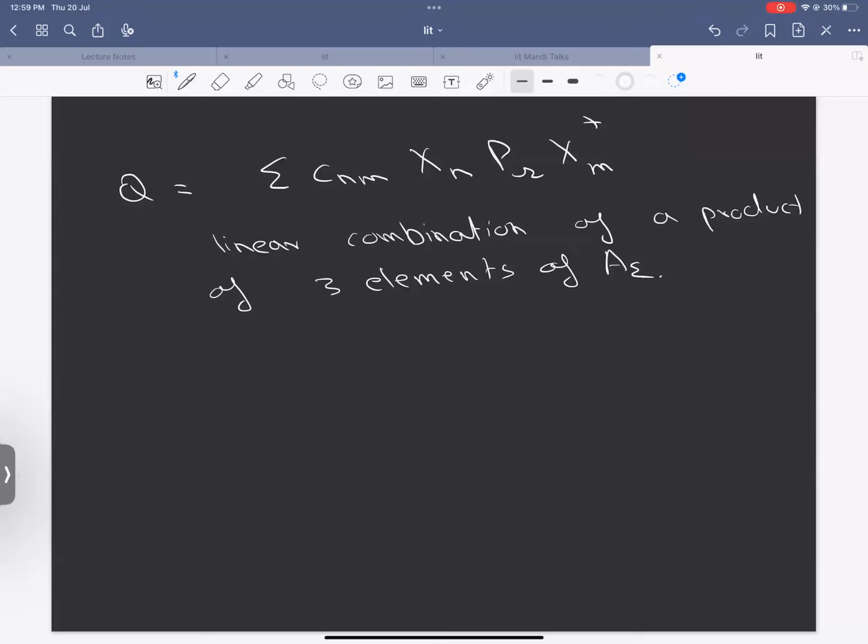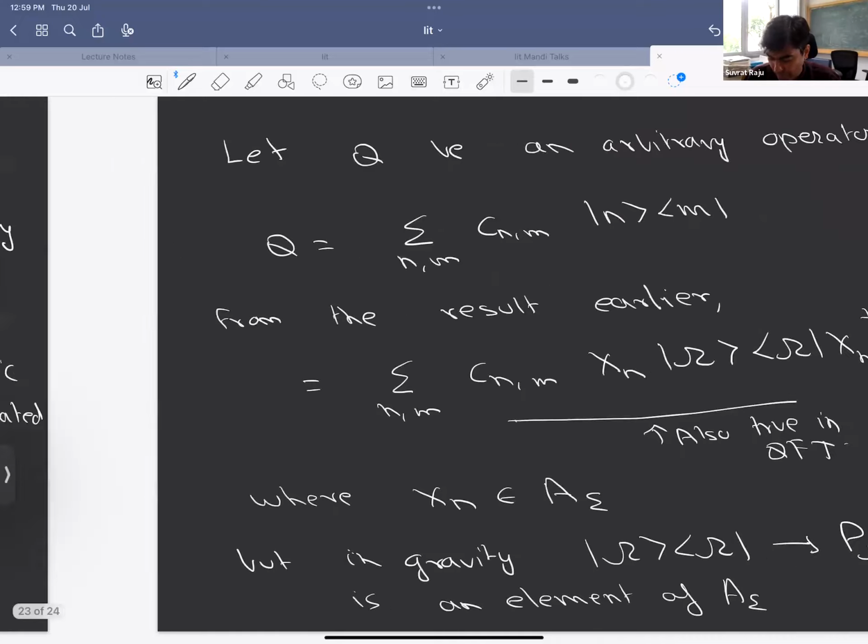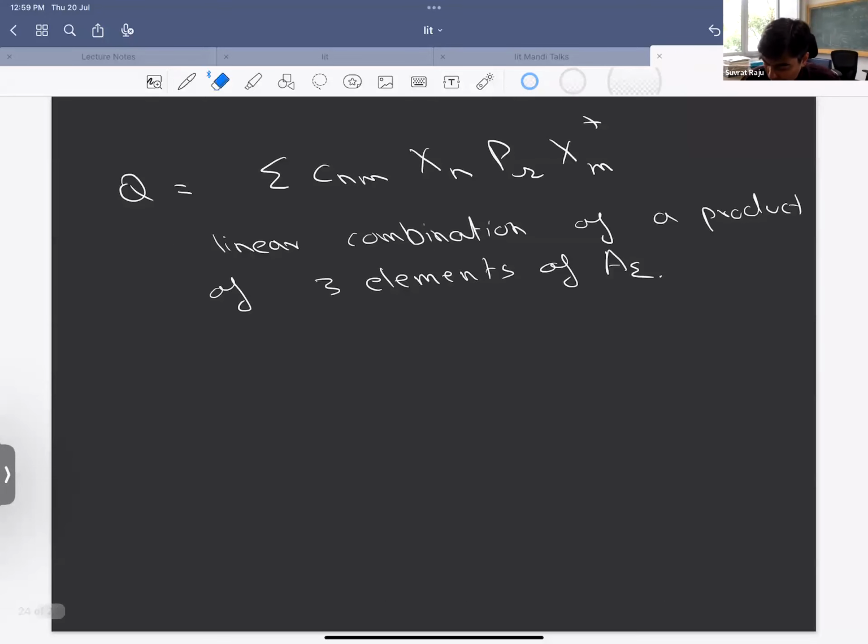Earlier you said this projector is an element of the algebra, A epsilon, A sigma. The projector is an element both of A epsilon and of the algebra. Thank you for that question. You see, because the Hamiltonian is a boundary term. A epsilon was defined in terms of operators that lived in this time band, but the Hamiltonian you can define at any time. So it's an element of A, but it's also an element of A epsilon.